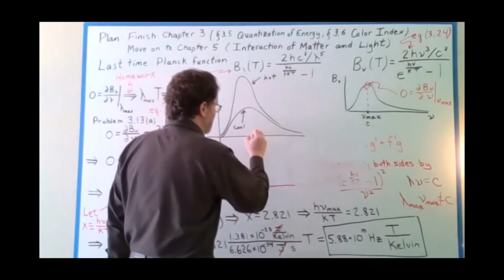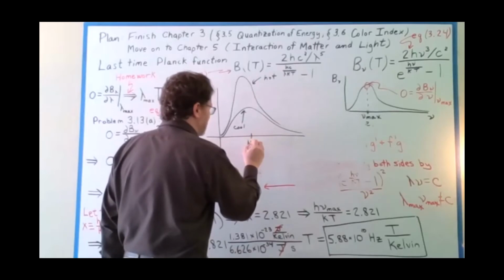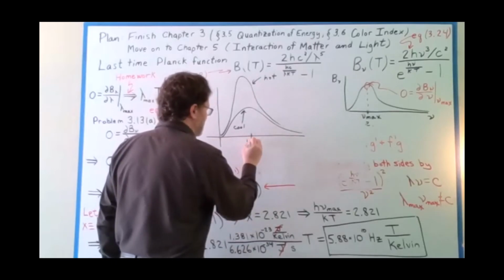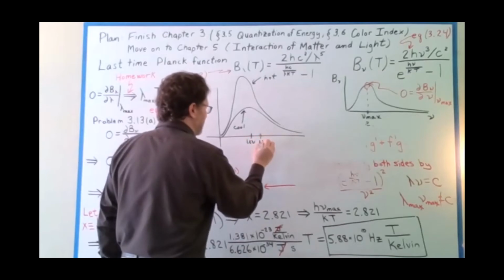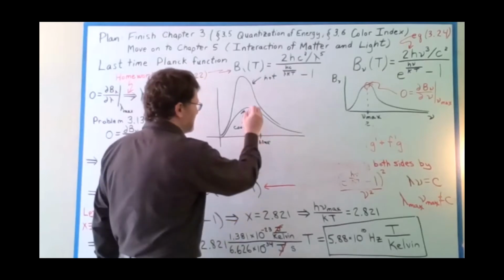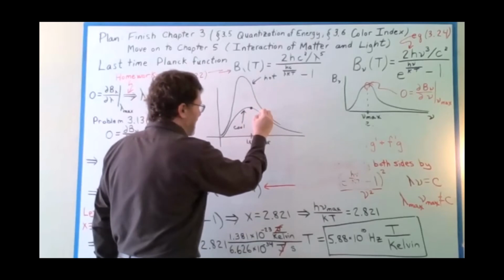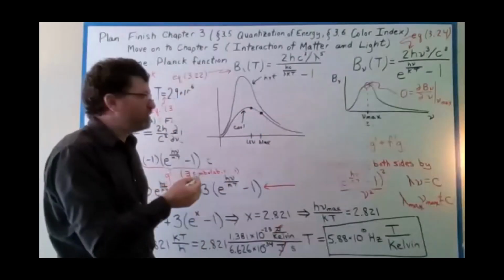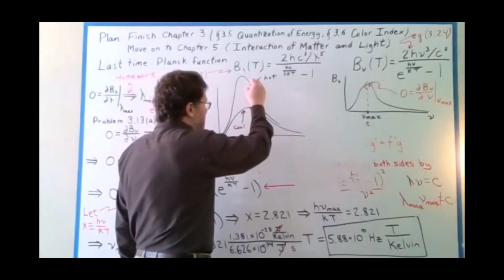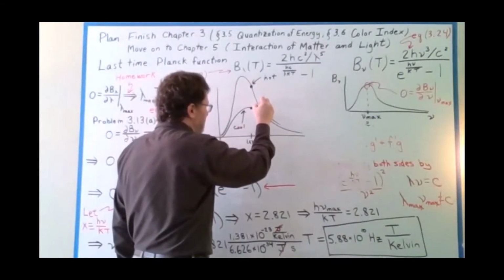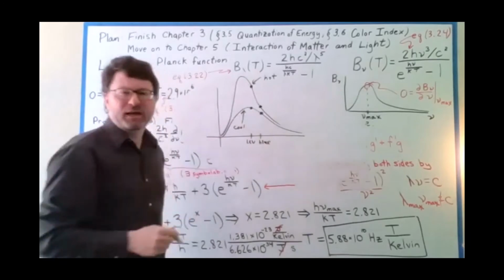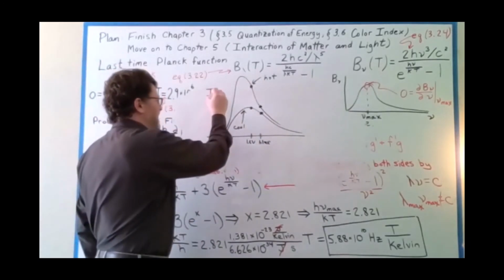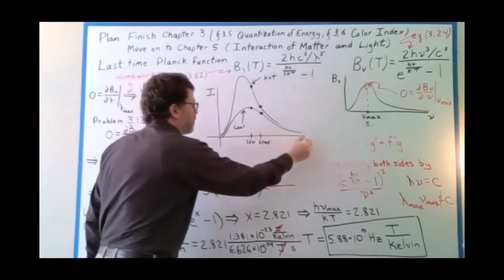The idea is, let's say for the sake of argument, that this is an ultraviolet wavelength right here, and this is a blue wavelength. You see how the ultraviolet is a little bit larger than the blue in that example. But if you go to the hot star, the ultraviolet is proportionally a lot larger than the blue for the intensity at that particular wavelength.